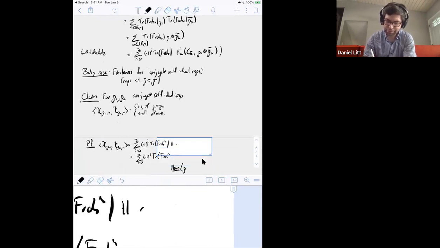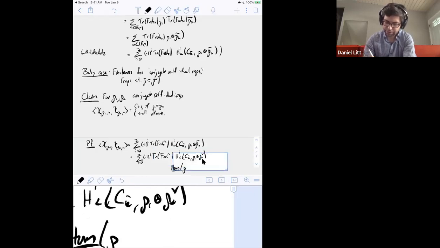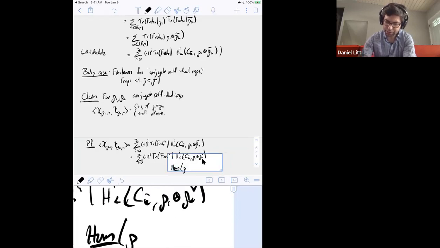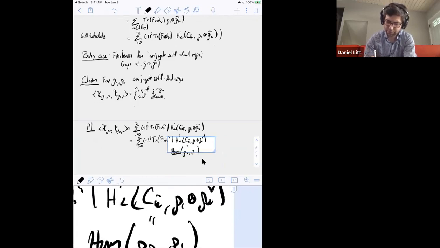You guys should feel free to point out if I'm making a silly mistake like that. Okay, so this rho_1 tensor rho_2 dual is Hom from rho_2 into rho_1.